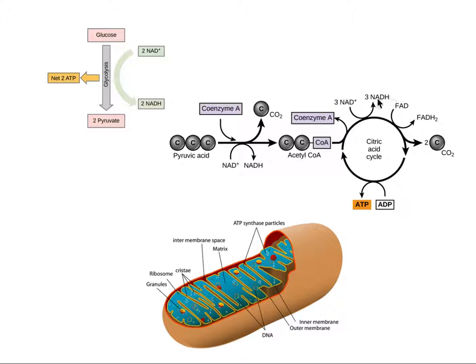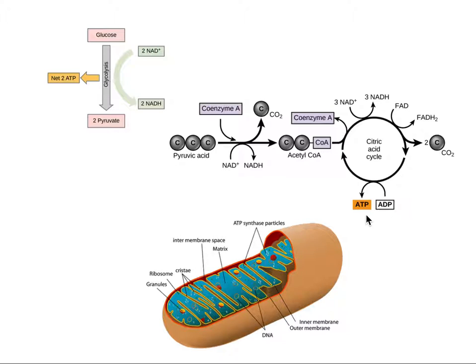They are going to take the electrons from this process and carry them over to the next step, which we're going to talk about in a second. So far, for one glucose, all we've gotten is 10 NADHs, 2 FADH2s, 10 hydrogen ions, 2 ATPs, 2 GTPs, 6 CO2s. So only 2 ATPs for this whole process.